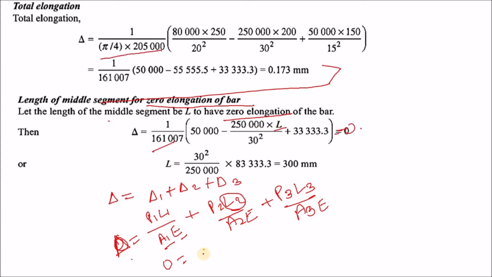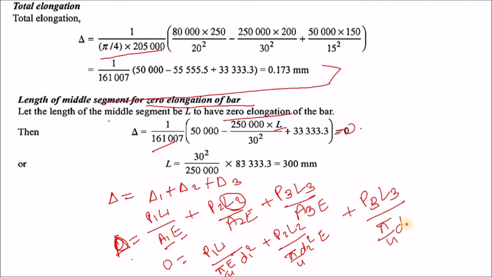Okay, I should write this one better. P1 L1 pi by 4 is common for all and E is also common. D1 square plus P2 L2 pi by 4 D2 square E plus P3 L3 pi by 4 D3 square.